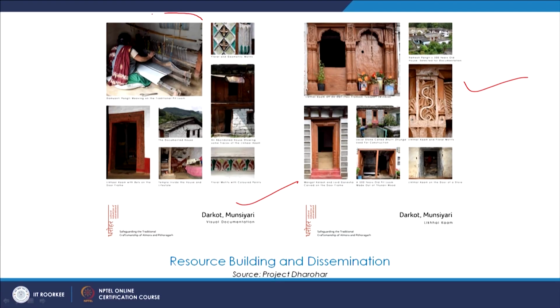And some more plates and details, again the traditional pit loom and the space making elements and the building crafts in Uttarakhand. Those kinds of details, documenting them, building a resource, putting them up for publications, exhibiting them for dissemination, putting them on websites, also exhibiting them at different platforms.